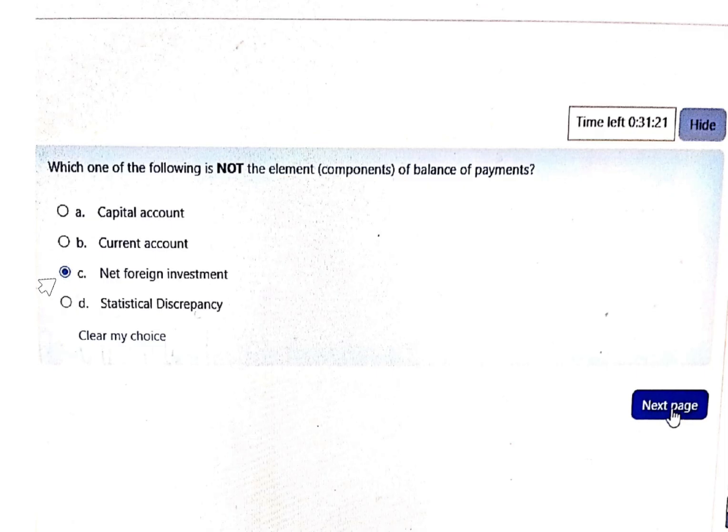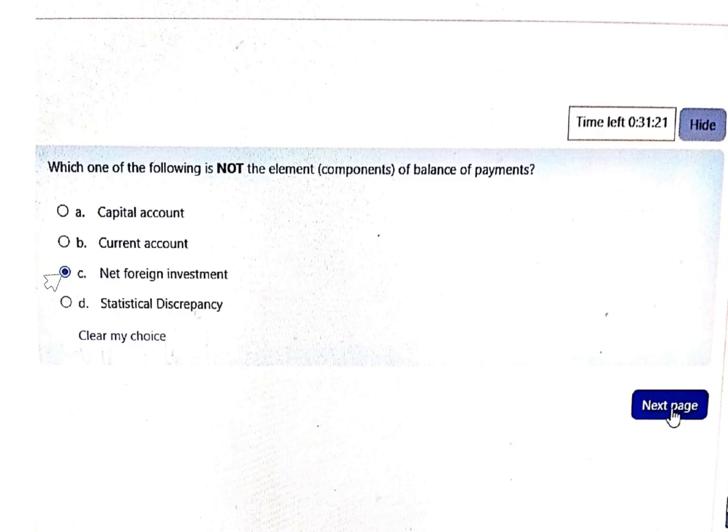Why? Because the balance of payment is a systematic record of all economic transactions between a country and the rest of the world. Its main components include current account, capital account, and statistical discrepancy or errors and omissions.